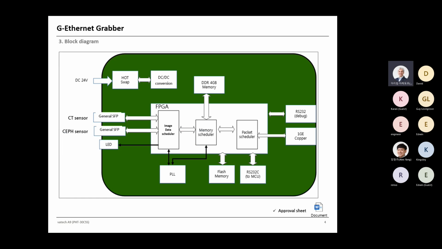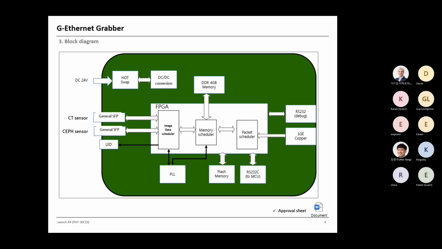Here we have, for better understanding, the block diagram of this grabber card. As you may see, this memory card here, the reason why we're using 4 GB is to prevent data from being missed due to the input speed coming in.